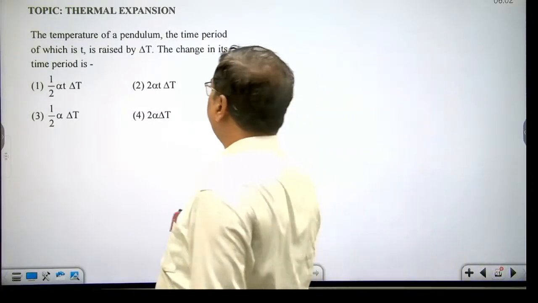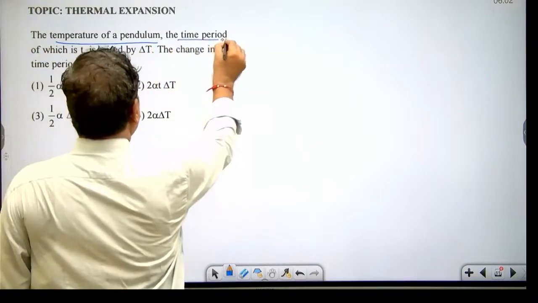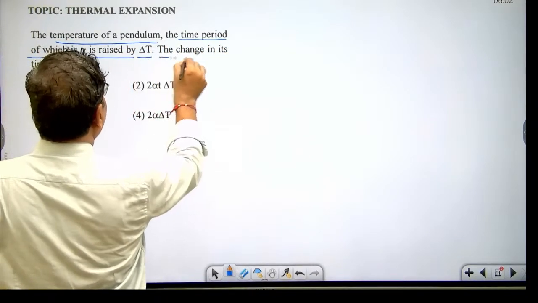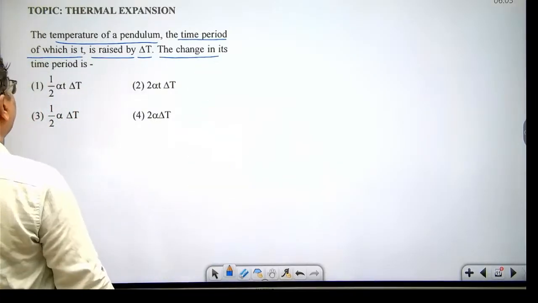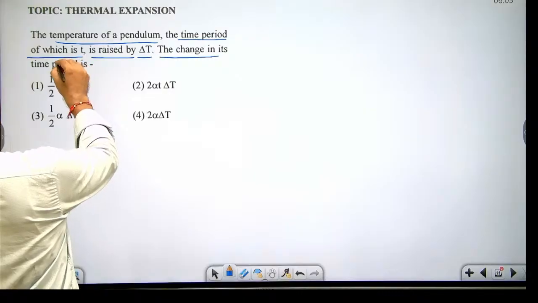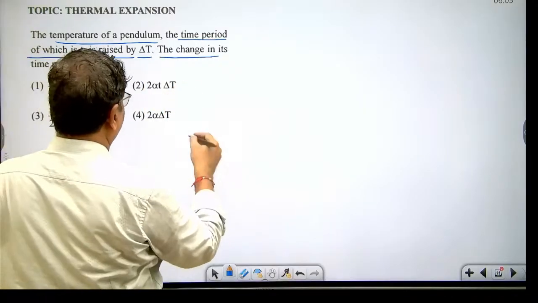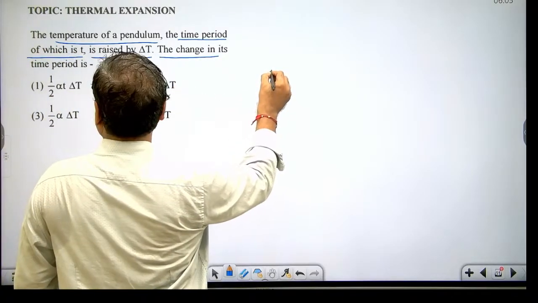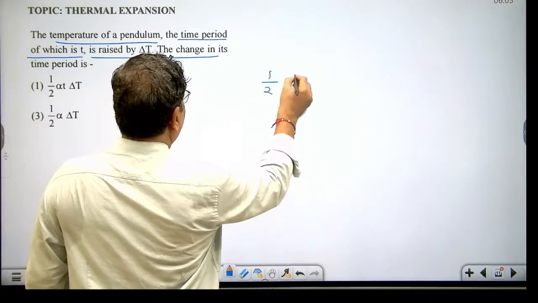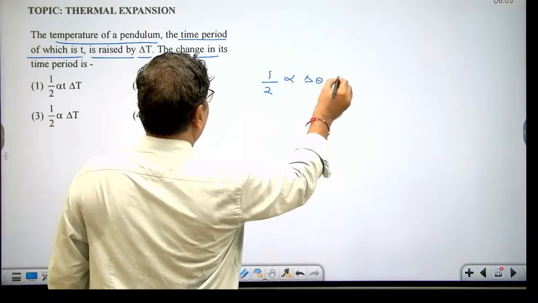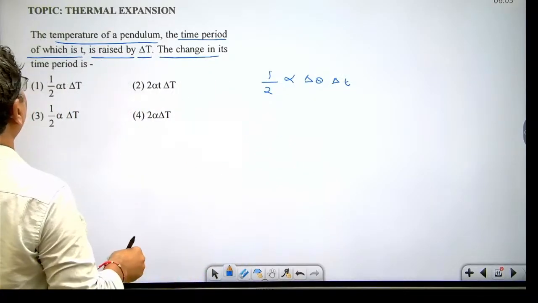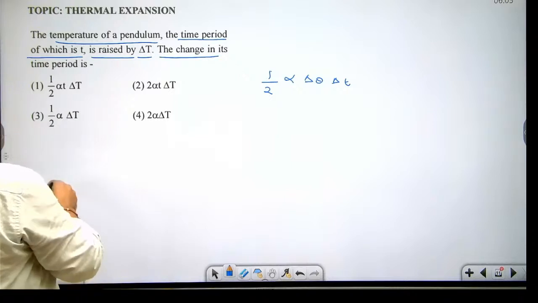The temperature of a pendulum is raised by delta t. The change in time period will be... In this question, the change in time when a pendulum clock is taken to a hot country is half alpha delta theta into the time interval.